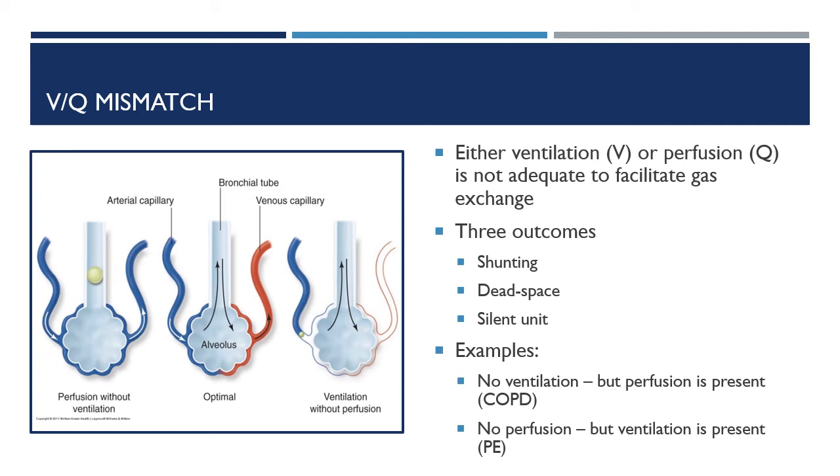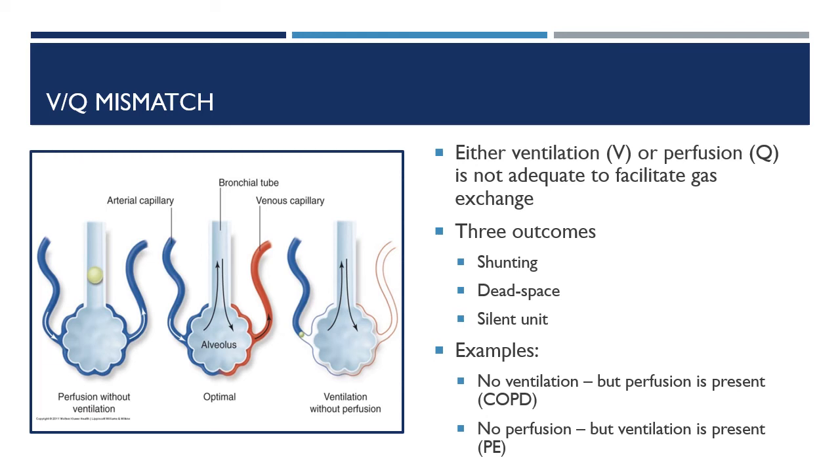Let me give you an example. When we look at the image on the left, there's perfusion, but there's no oxygen getting to those alveoli. An example would be tremendous amounts of mucus in the airway of one particular part of the lung.